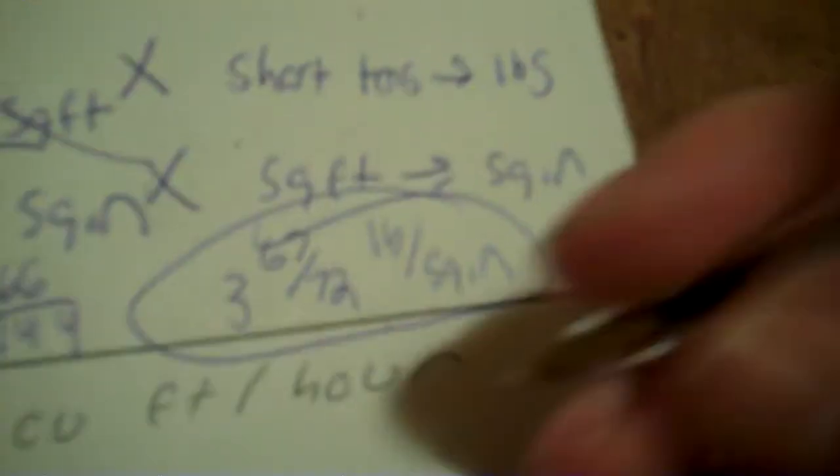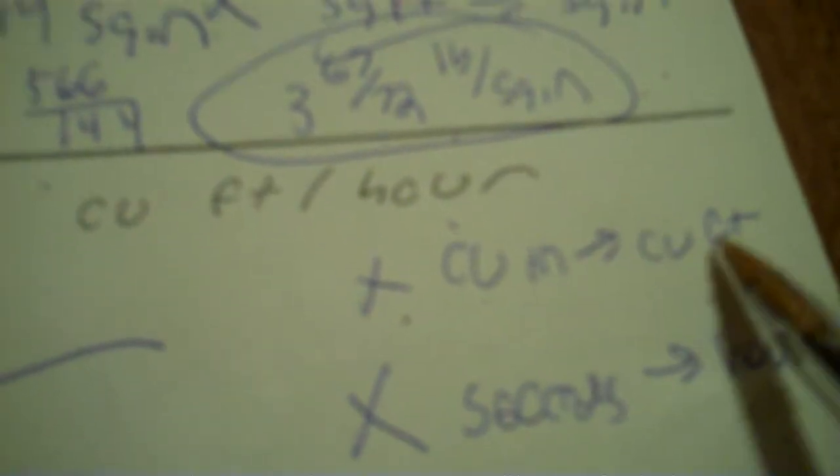So, cubic inches to cubic feet. Obviously, those are not the same, so we're going to need a multiplier for that. And seconds to hours. Obviously, those aren't the same, so you need a unit multiplier for that. Okay? So I got to get it out of cubic inches into cubic feet.